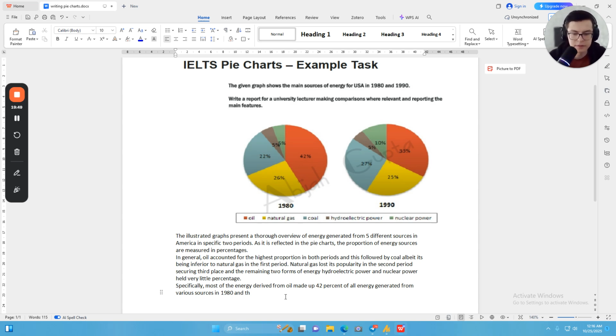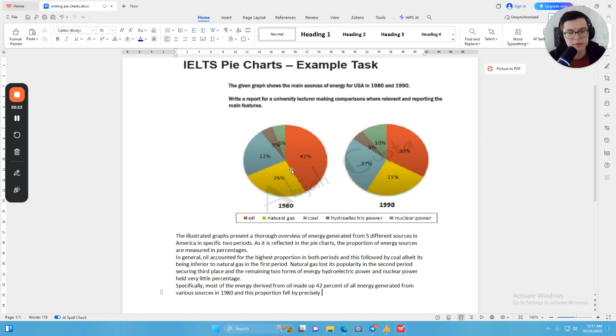And this proportion fell by, nearly, or precisely, let's say precisely, because it is a very specific percentage.